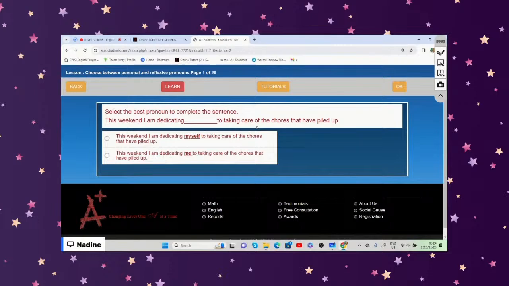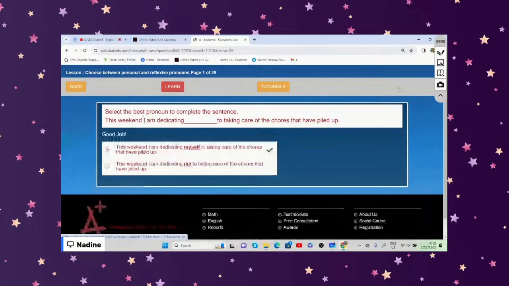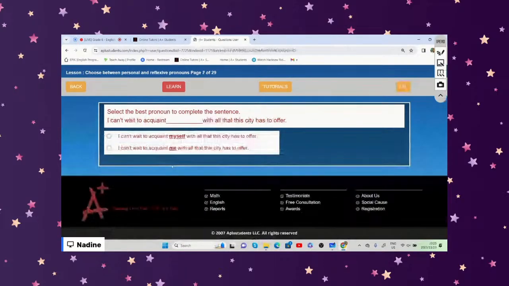Myself, which is I, or me. If we choose the correct one, we can say I am dedicating myself, right? Because myself is a reflexive pronoun, which refers to the subject I. So myself is correct. Option 1 is correct. Well done, guys.